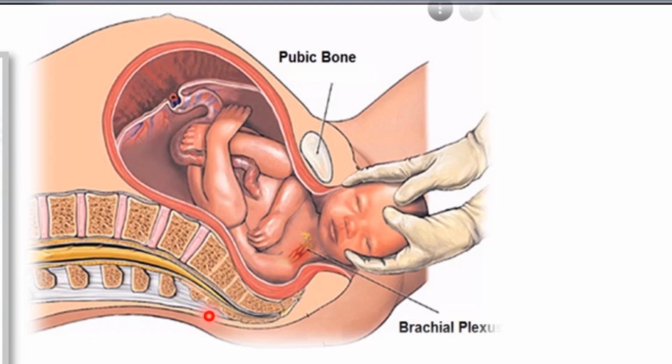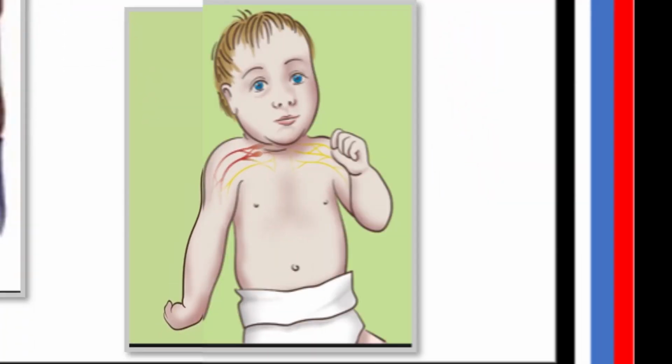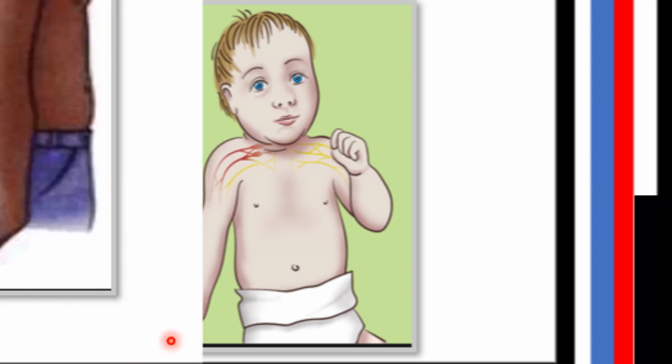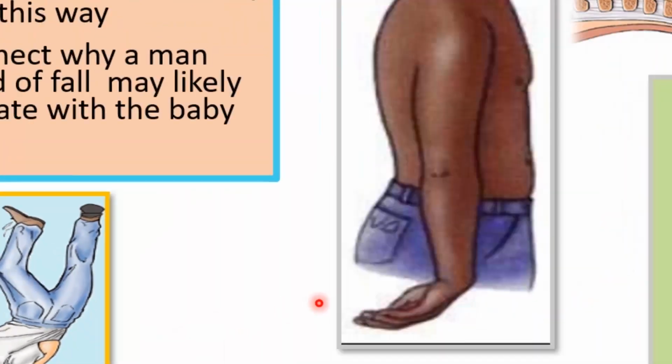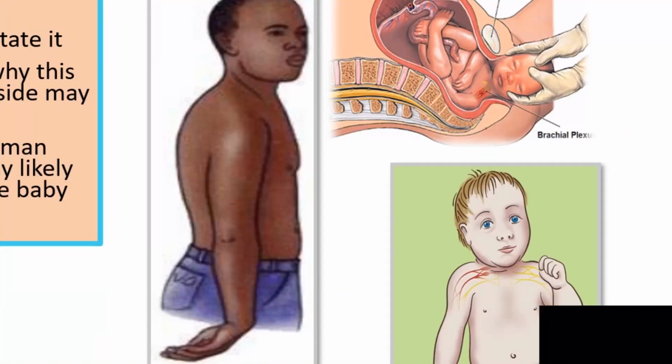You will be able to explain why this baby's arm on the affected side may most likely hang this way. Look at this picture. Yes, this baby's hand may likely hang this way. Also, you will connect why a man that had this kind of bad fall, look at this, may likely share the same fate with this baby. And this is what the picture will look like.